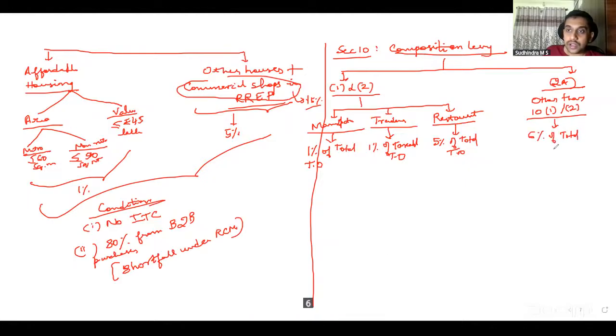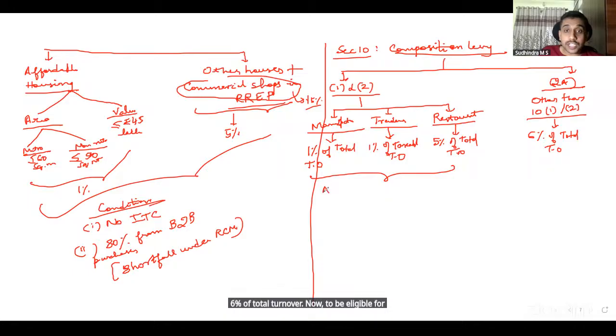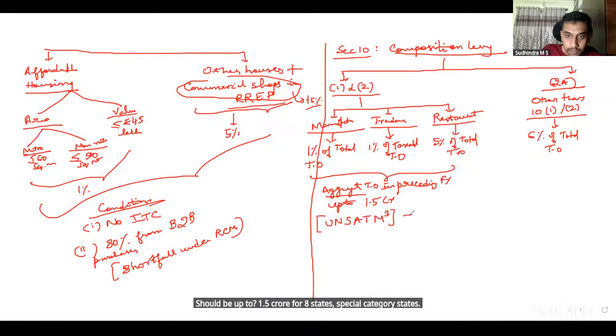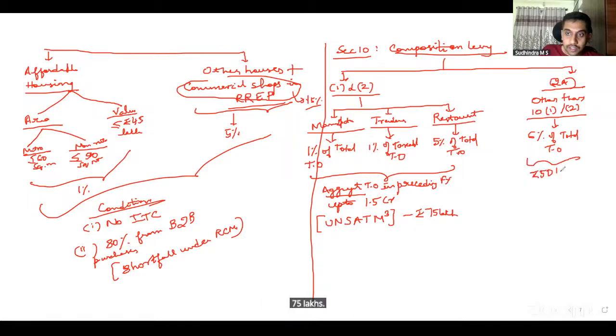Now, to be eligible for 10(1) and 10(2), I have to check aggregate turnover. Aggregate turnover in the preceding financial year should be up to 1.5 crore; for special category states, 75 lakhs; whereas here, 50 lakhs.